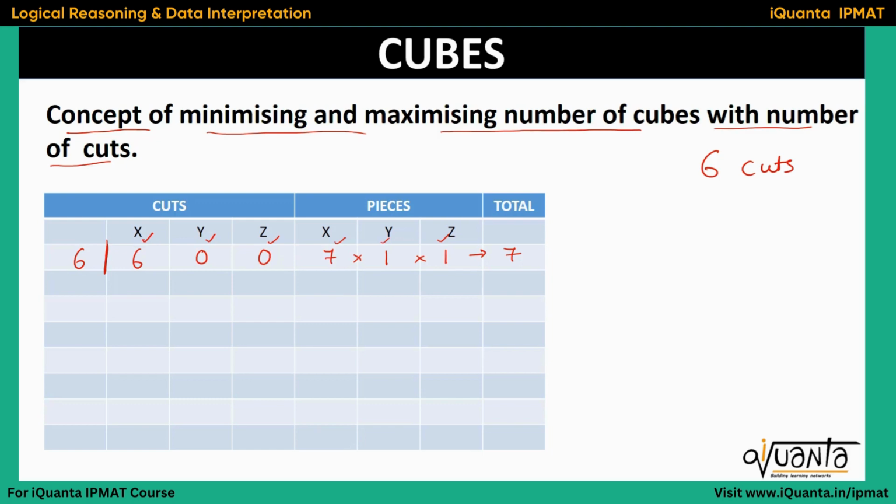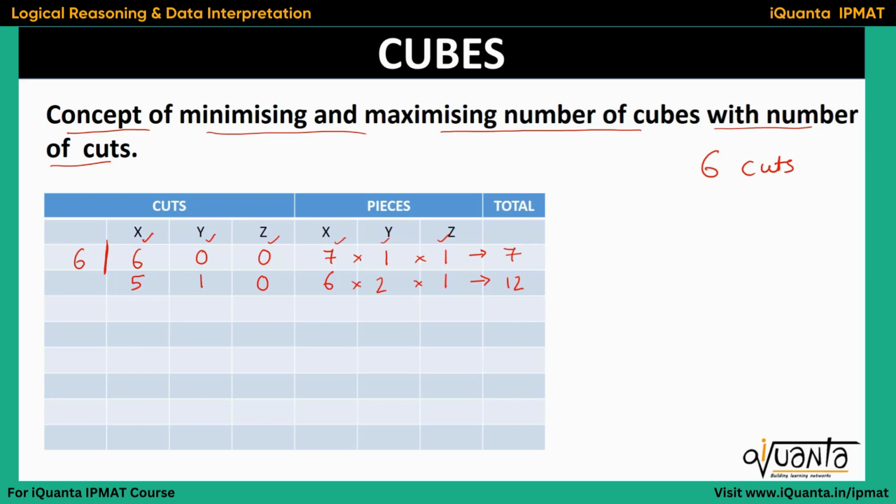Similarly, if we make 5 cuts along the x-axis, 1 cut along the y-axis and 0 cuts along the z-axis, then the number of pieces would be 6, 2 and 1, which gives 6 into 2 into 1, that means 12 pieces.